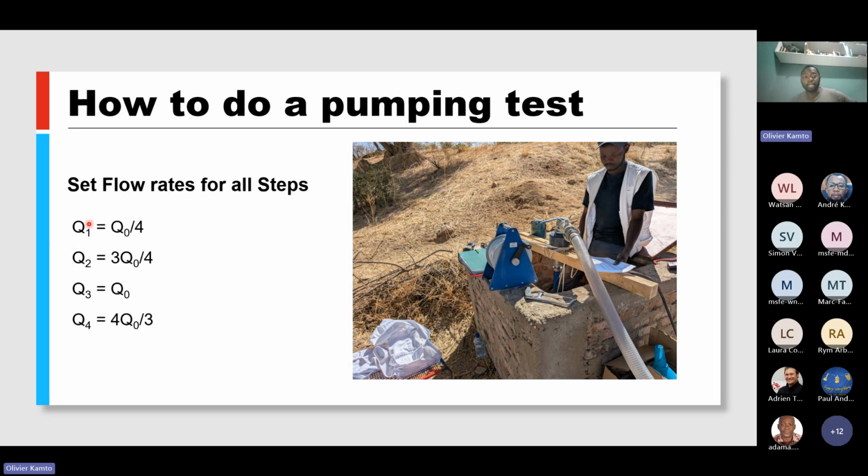So it will be ideal on the day before, first and foremost, if we do not have a flow meter, we would have to use our valves that I mentioned a while ago. We would have to run a test the day before to try to set up the valve for our Q1, Q2, Q3, and Q4.